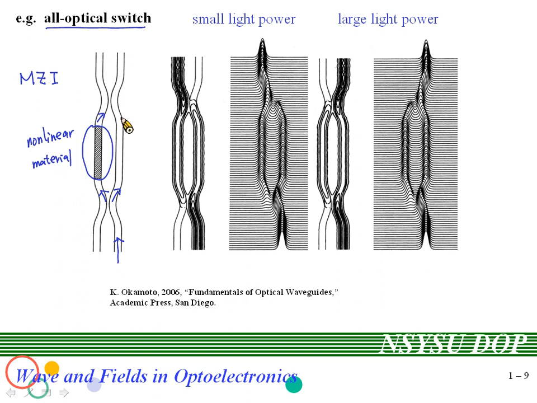And these two powers will go to another 3 dB coupler, and they will combine. So these two paths will have different phase velocity, or different phase difference. So according to the phase difference, you can decide whether the total power will go this way or go the other way.